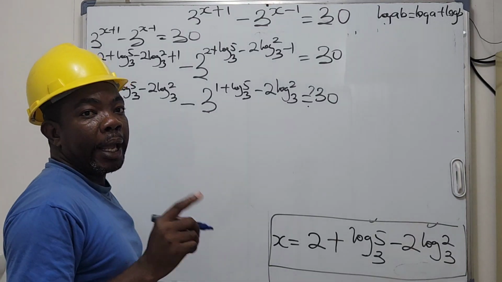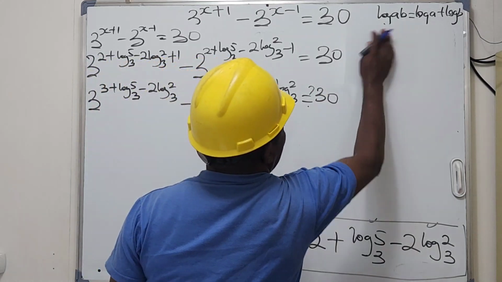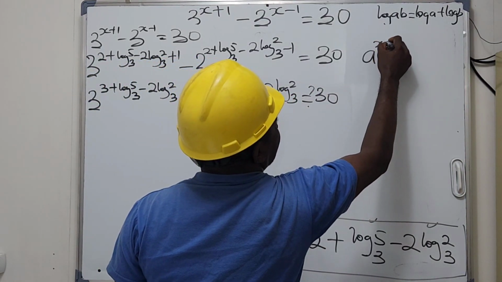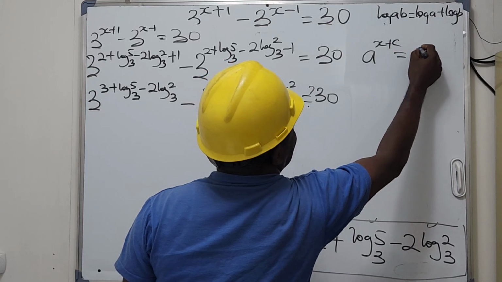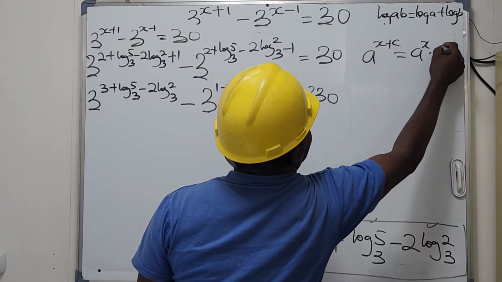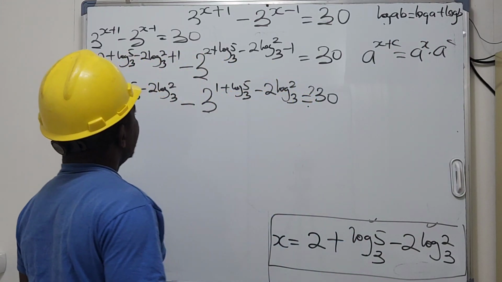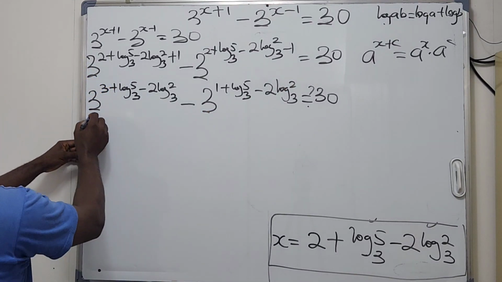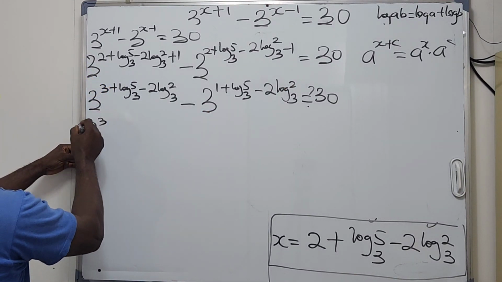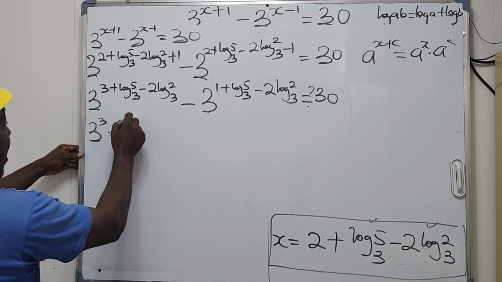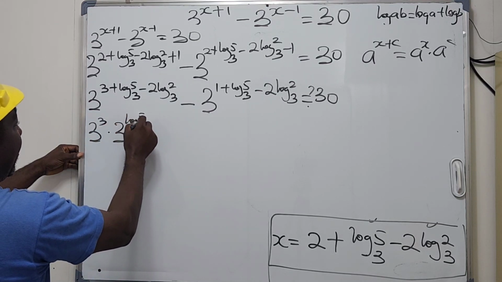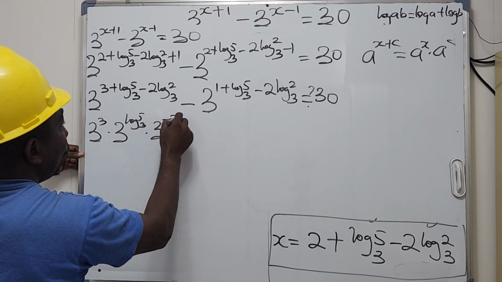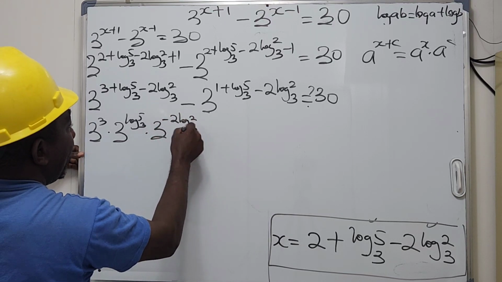We recall a law of indices that says when we have a to the power of x plus c, it is the same thing as a to the power of x times a to the power of c. So expressing this in that format, this is going to give us 3 to the power of 3 times 3 to the power of log 5 base 3 times 3 to the power of minus 2 log 2 base 3.